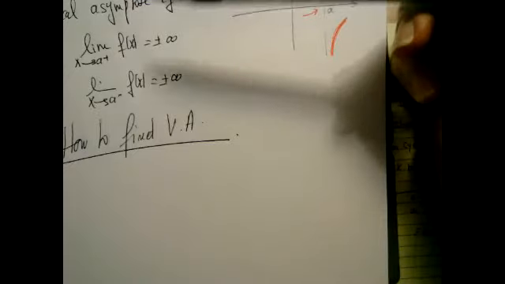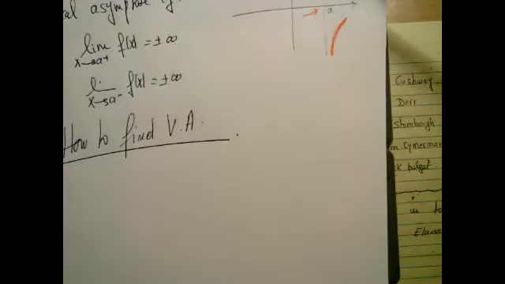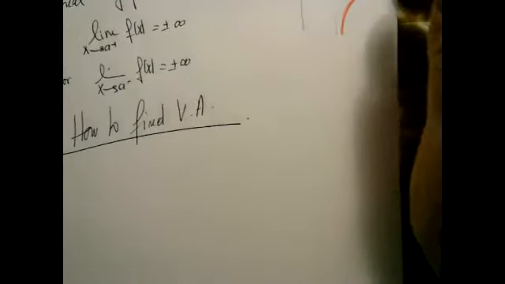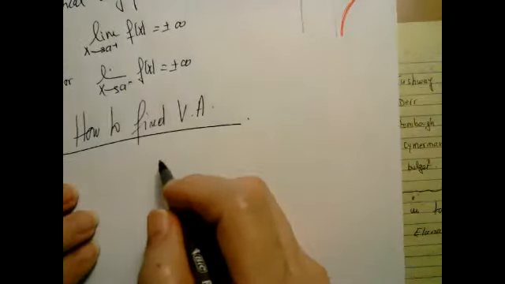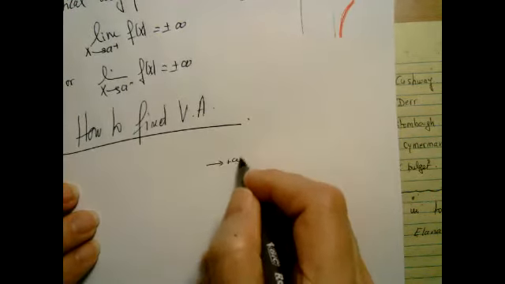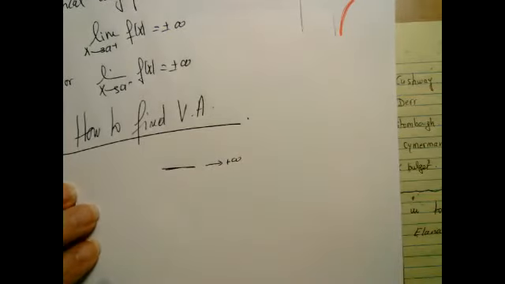First, let's analyze what they are. Vertical asymptotes are those values of a so that the function goes to infinity when x becomes close to a. So let us think, if you have a function, what can cause the function to go to infinity?